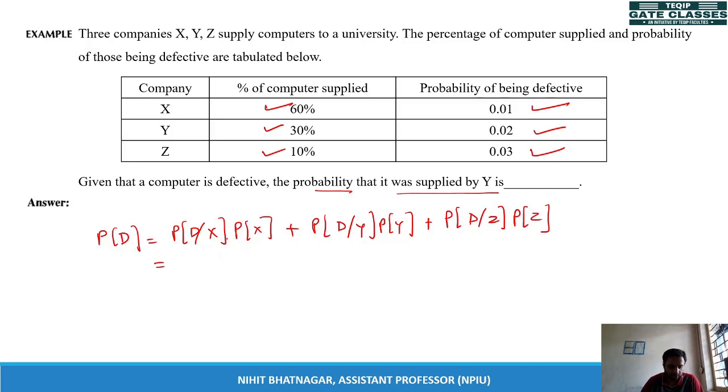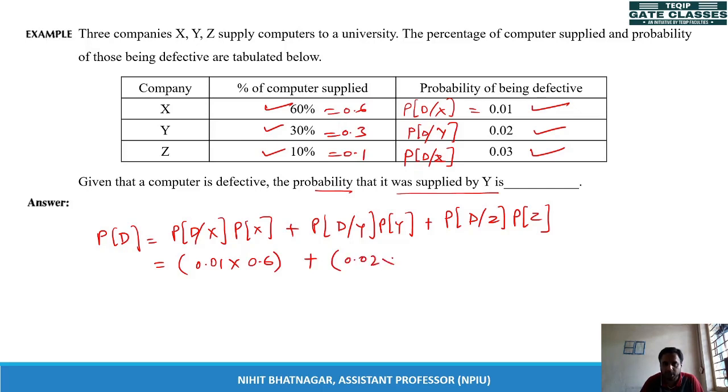So this is the probability of an item being defective from company X, this is the probability of a defective item from company Y, and from Z. That is 0.01 multiplied by 0.6, plus 0.02 multiplied by 0.3, plus 0.1 multiplied by 0.33.